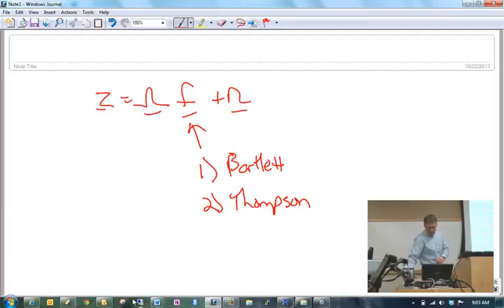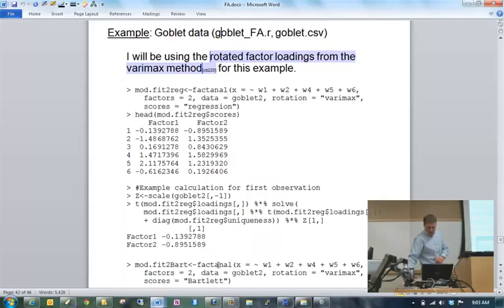Okay, so let's talk about how we can do this in R. That's where we left off. We're working with the goblet data once again, and let's say we've already rotated the factor loadings using the Varimax rotation method. So I'm going to estimate my factor analysis model once again, where here are my variables of interest.